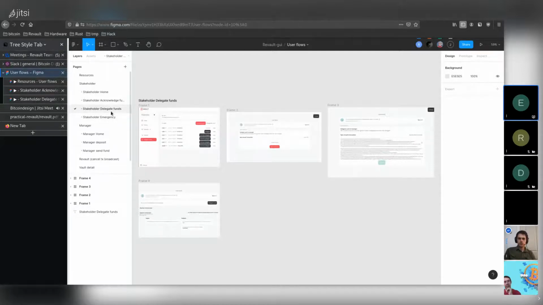So I've got a question. When a user is going through this flow and they are given the option to delegate a vault to a manager, is it set up so that they are delegating the vault to all the managers of their company, or would you have a situation where you would delegate this vault to Alice, the manager, and then delegate this vault to Bob, the manager, and they would have different vaults?